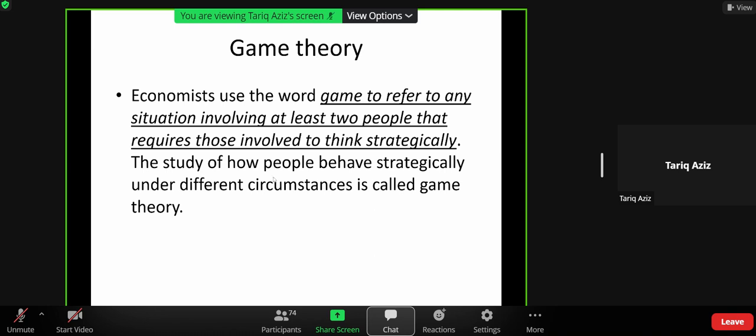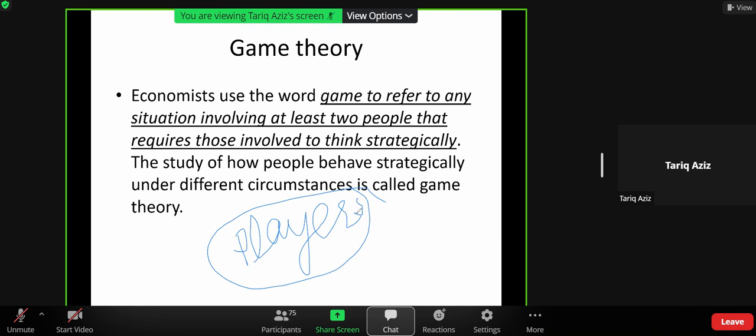In this particular field of study, we study the behavior of players. Players are those persons who play that game. As I have already mentioned, there are two possibilities. Either players may decide to cooperate with other players, or they may decide not to cooperate and compete with each other.